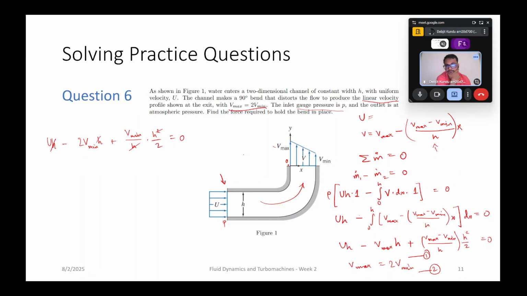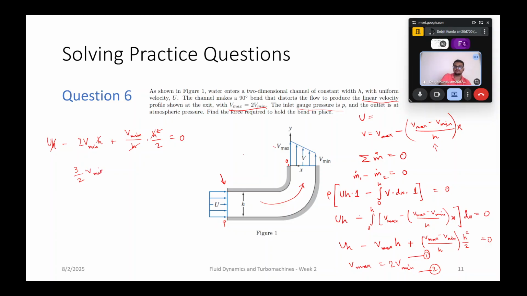So nothing really stays. So I get over here minus 2 Vmin plus Vmin. So let's take these two things on the right hand side and flip the order. So that should give me 2 minus half. That is 3 halves.